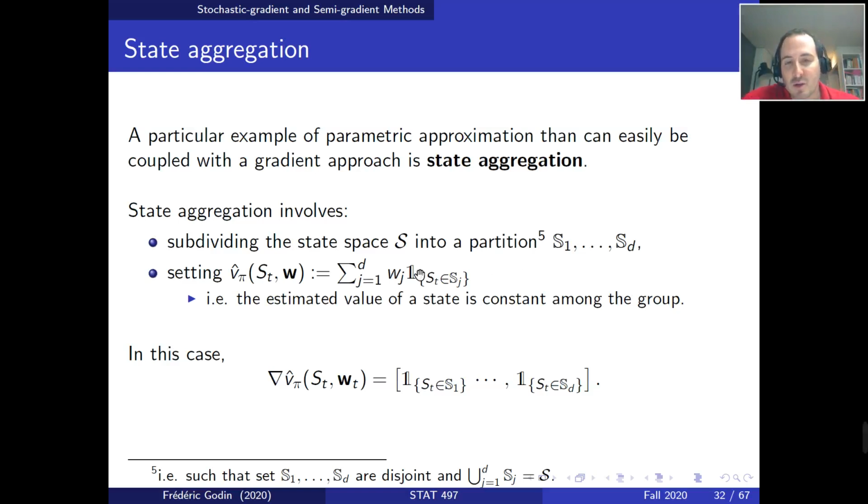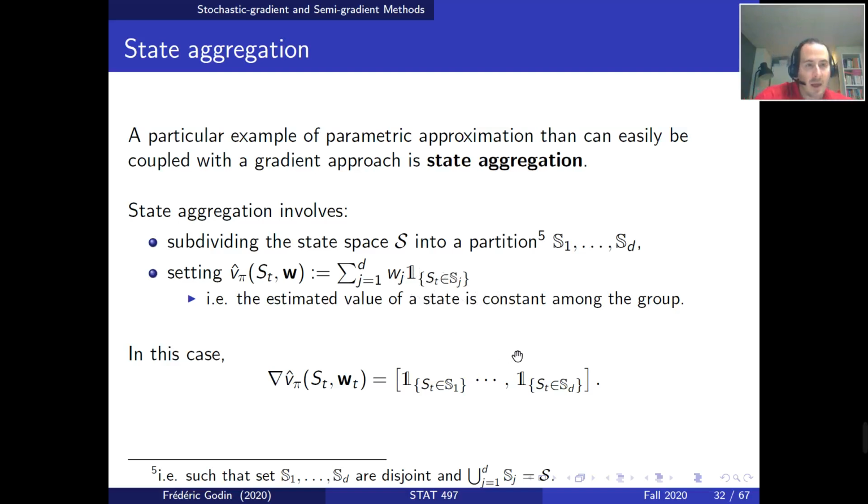And then what we assume in state aggregation is that the approximated value function is the sum across all aggregates of Wj, where Wj is the estimated value for the jth aggregate, times an indicator function which is 1 if the state falls into the jth aggregate or 0 otherwise.